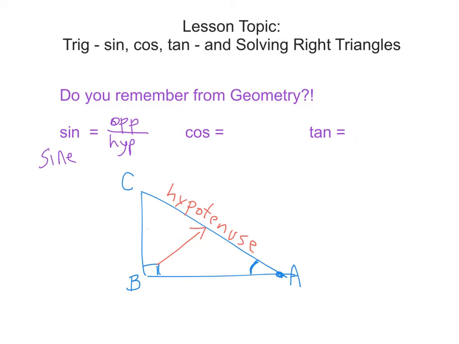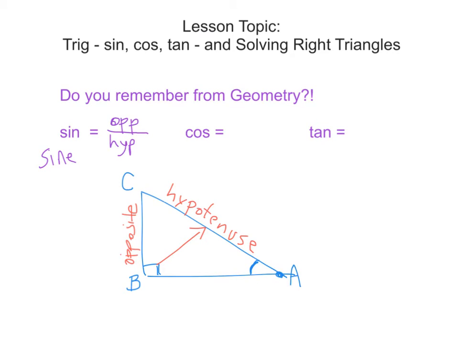So that is the opposite side based on angle A. So that's the opposite side. Again, if I were talking about angle C as my point of reference, the opposite side would be over here.